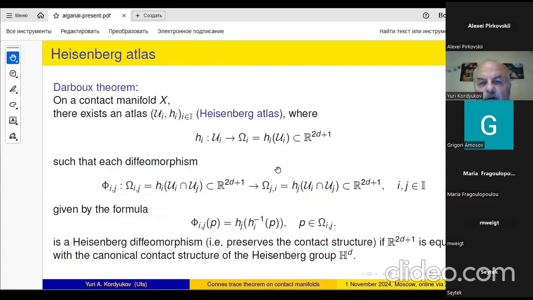And as I told you already, there is the Darboux theorem, which tells us that this Heisenberg group is a local model for a contact manifold.